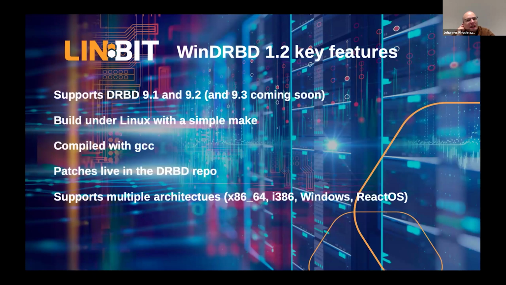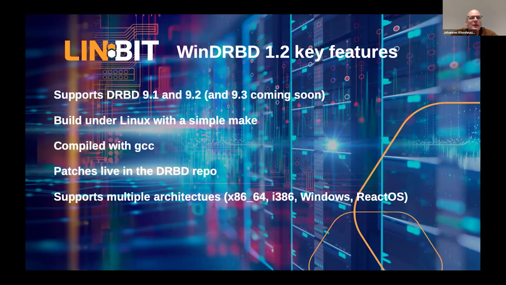WinDRBD 1.2 is a development branch which is quite stable already. It came mainly due to the fact that the patching system for DRBD became unmaintainable in the 1.1 branch.